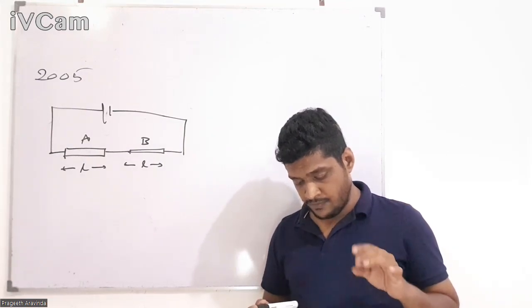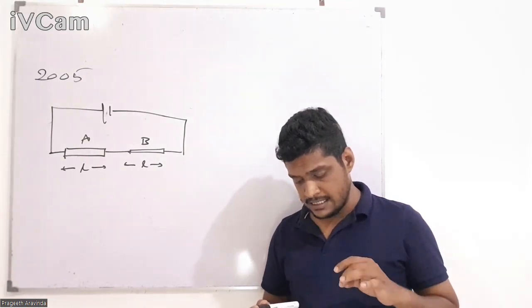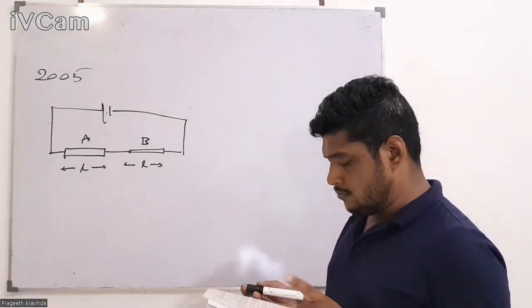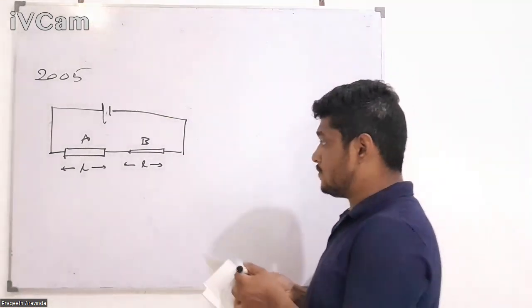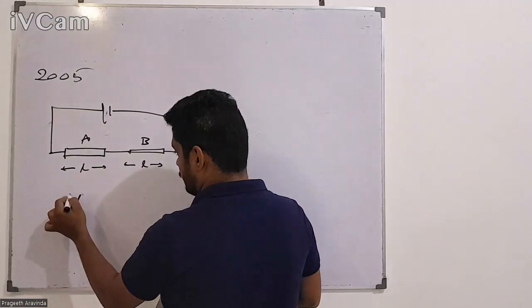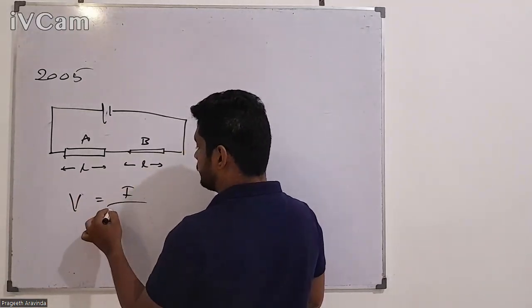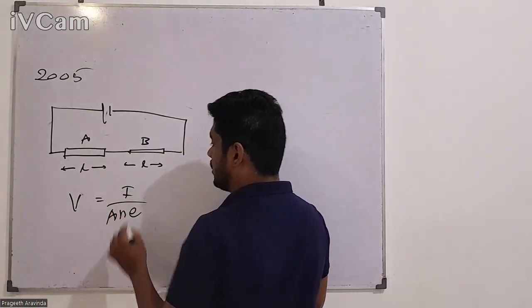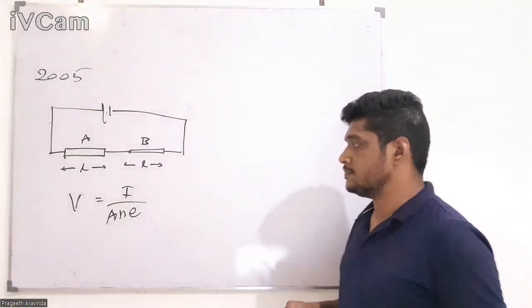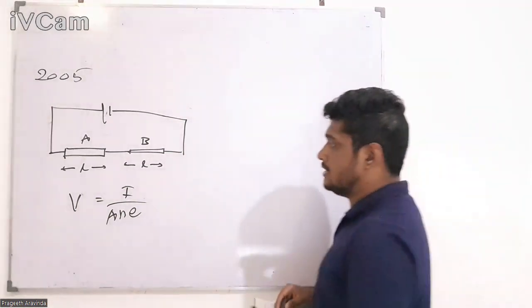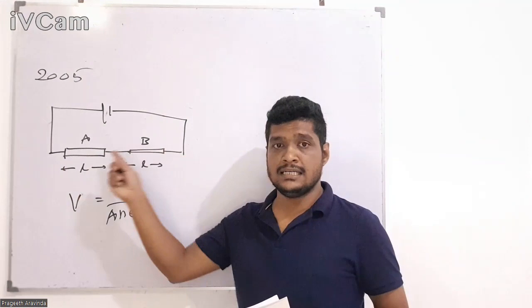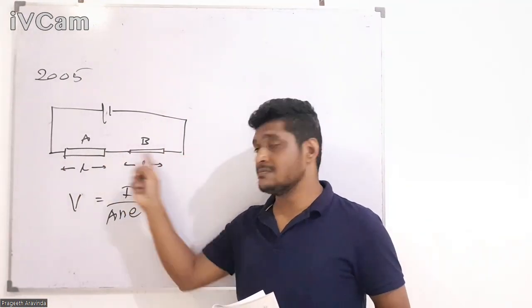The drift velocity of electrons in A is smaller than that in B. So now you have to write the equation there. What is the equation? v equals I over A n e. Now according to this, since these two are in series, the same current flows.